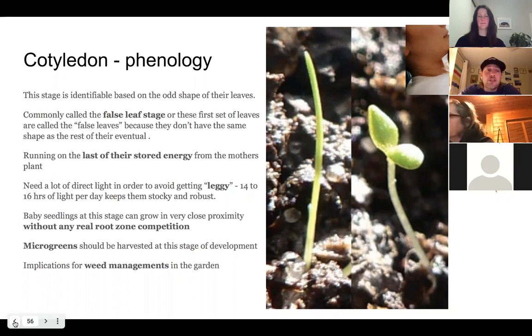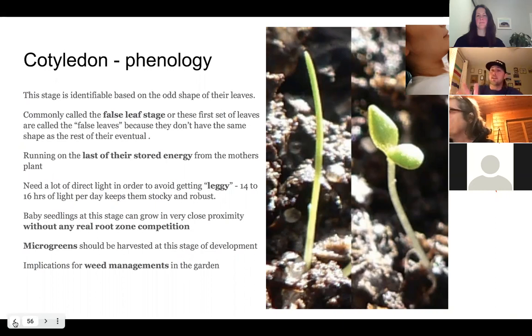At this stage, you have to understand that this little seedling is just running on the last stored energy from its mother, its parent plant. That makes it behave in a couple of ways. A seed, when it first sprouts, and I guess I should stop here.